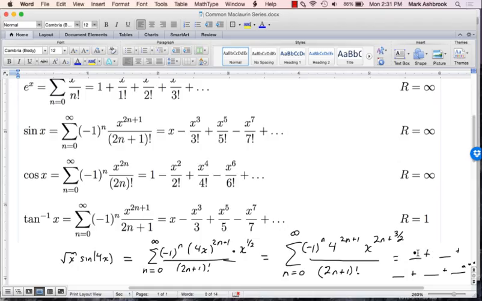Now that we have this particular function written as a polynomial, it would be a way to do something like this. How could we estimate, say, from 0 to pi?